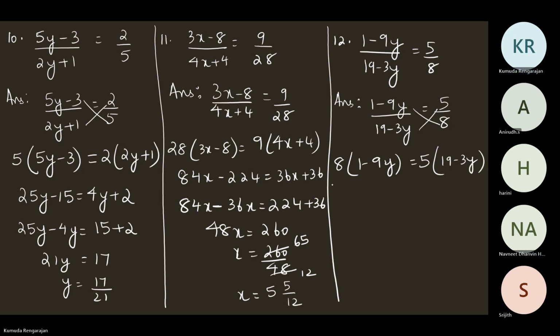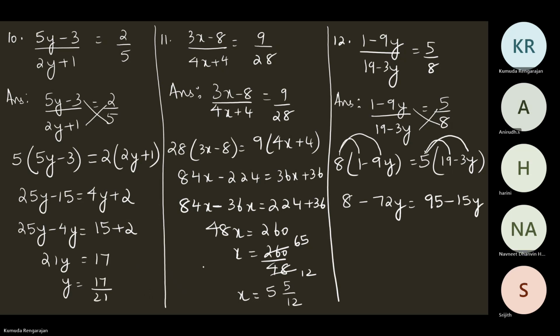Very good. Next step, multiplication. 8 minus 72y is equal to 95 minus 15y. Correct.